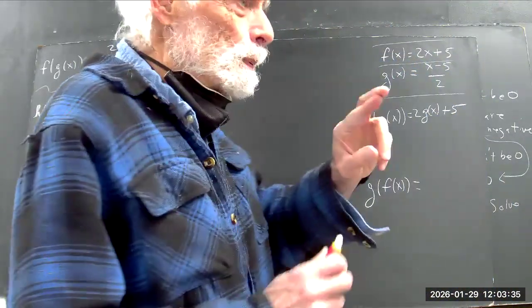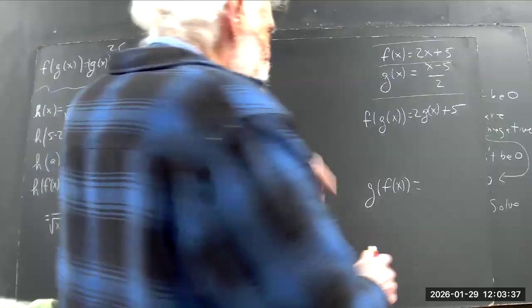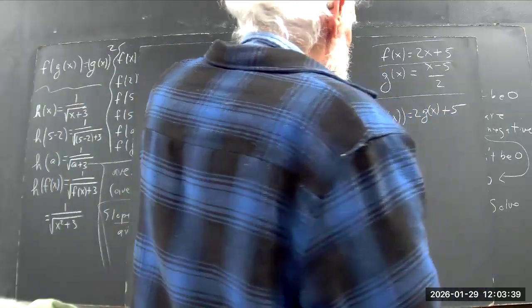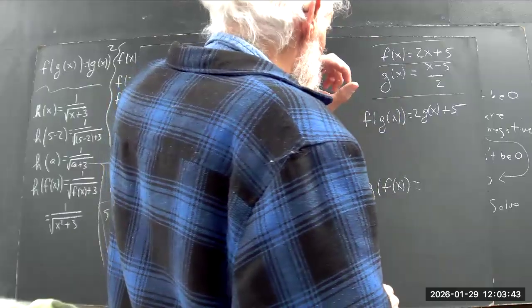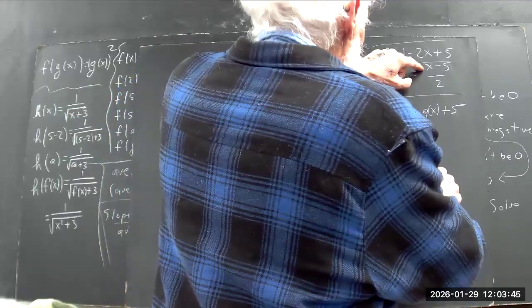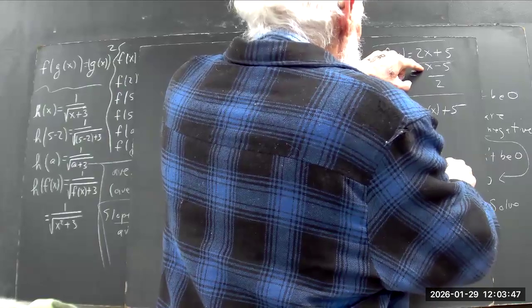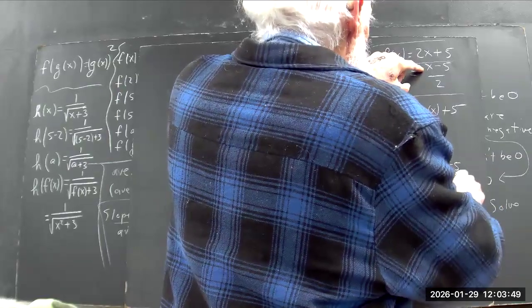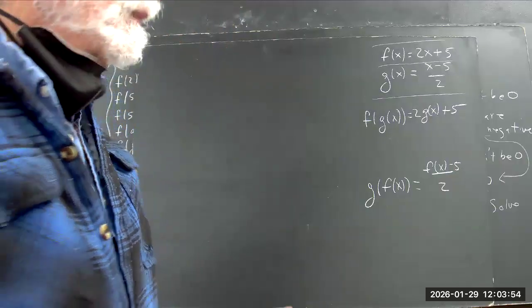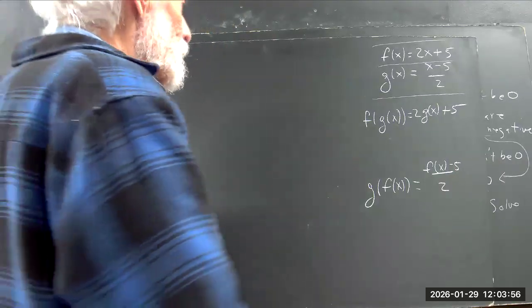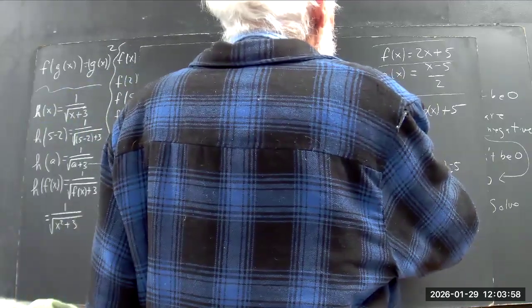Okay, that you wrote down, I hope you wrote it down, is we're going to the g function and we're replacing x by f of x. So if we replace x by f of x, we get f of x minus 5 over 2. Now, the next step is easy.